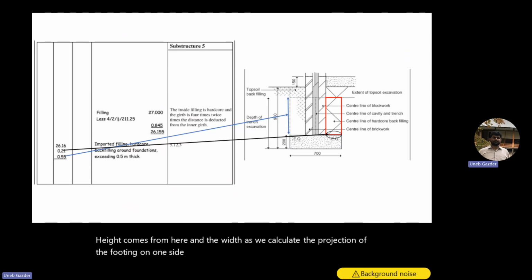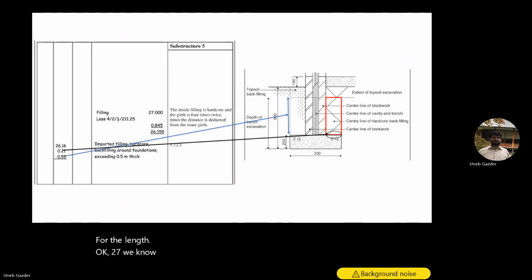And what else? 26.16. This is what they are doing here for the length. 27 we know, right? 27 was what? Internal, external, central line? Internal. So this is the one we know.